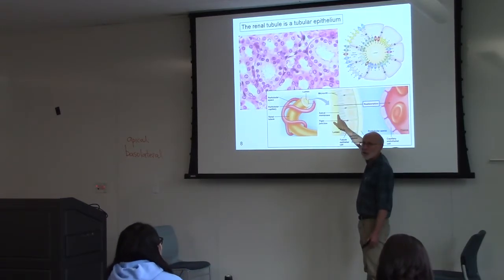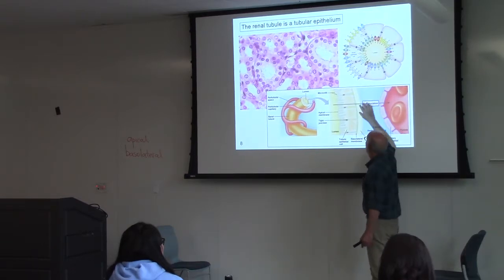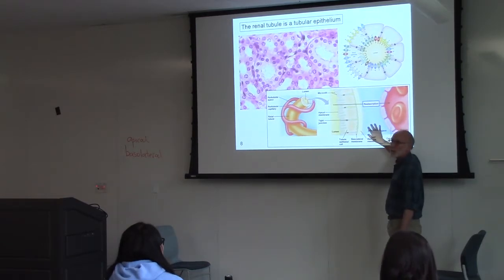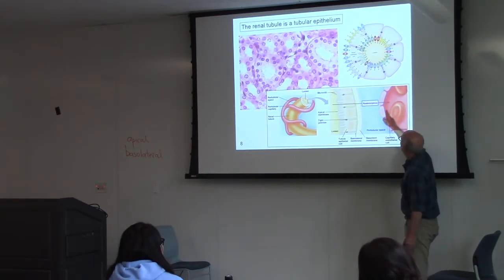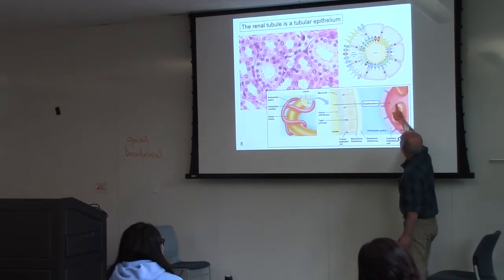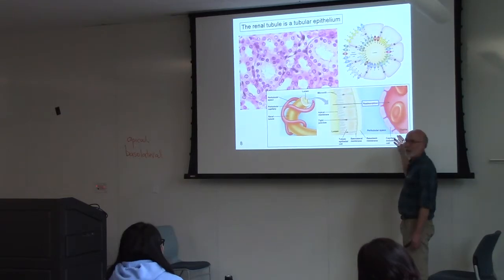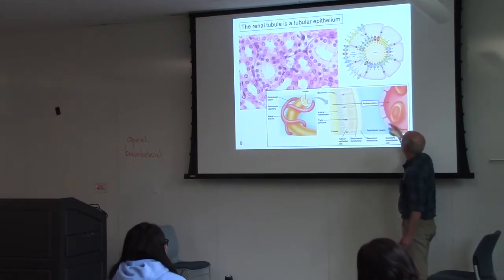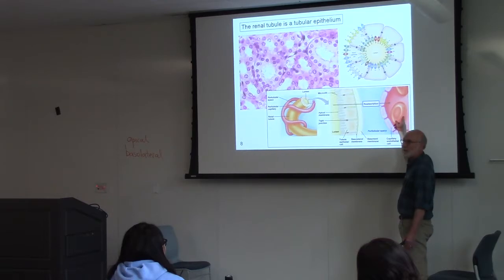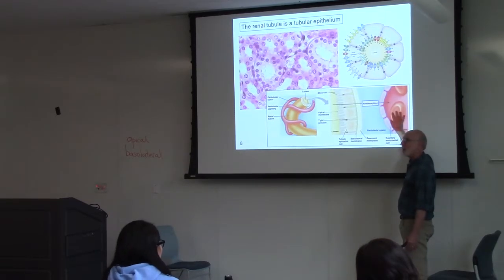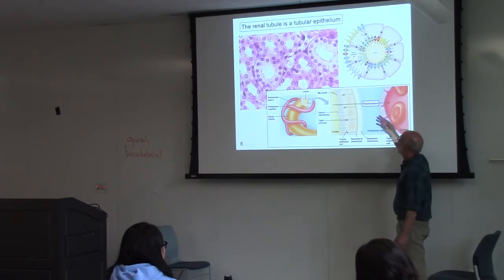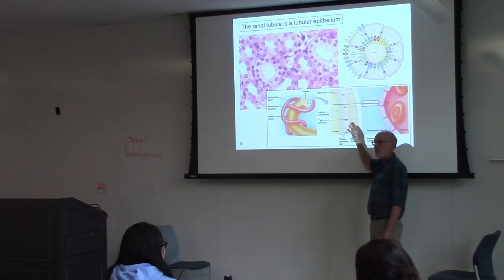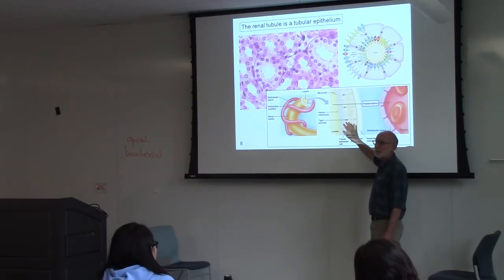Transporters expressed here, transporters expressed here, fluid here, not a lot of space, but some fluid here, and then diffusion into a leaky endothelial lined capillary. So the capillary is passive, except for the fact that blood is flowing through it. The active transports that we'll need to talk about are in the tubular epithelial cells.